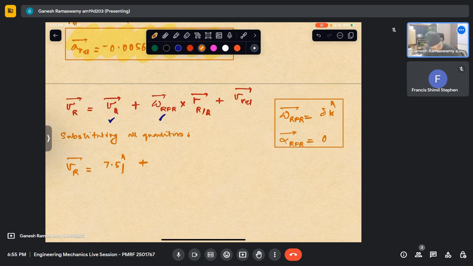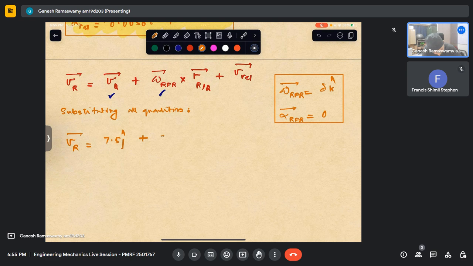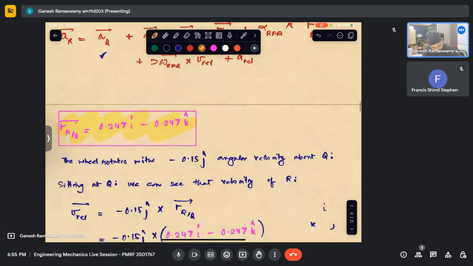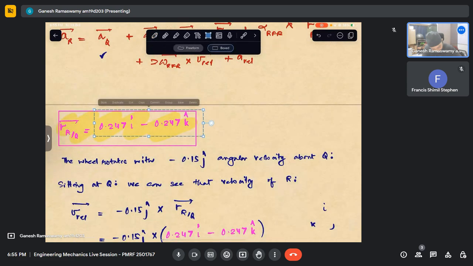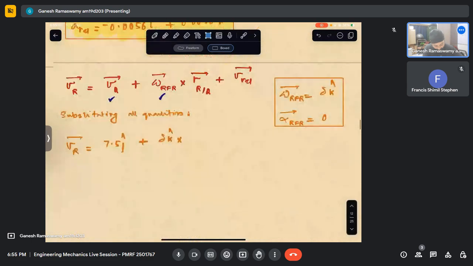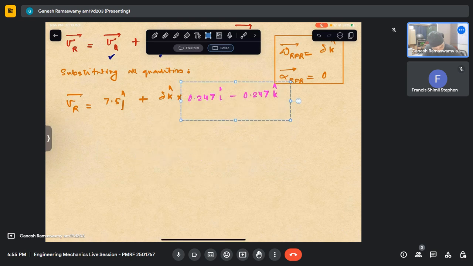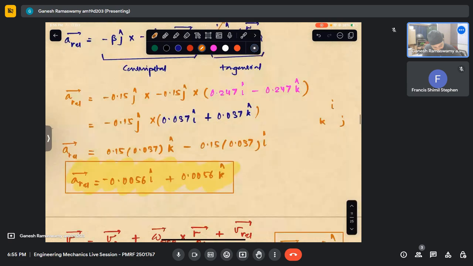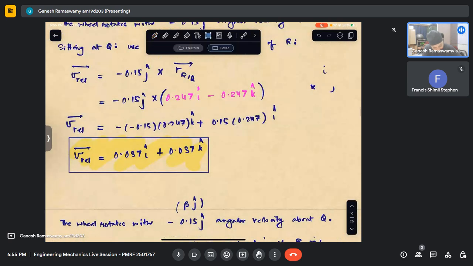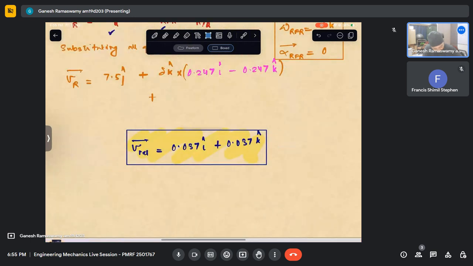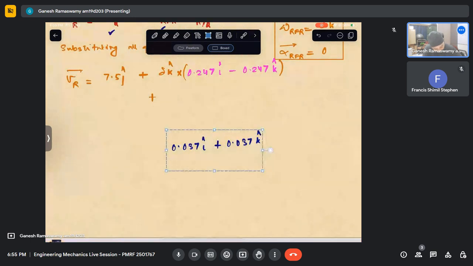So this is delta K crossed with R T with respect to Q, which we saw was this. This comes here plus VREL. VREL we have got here.